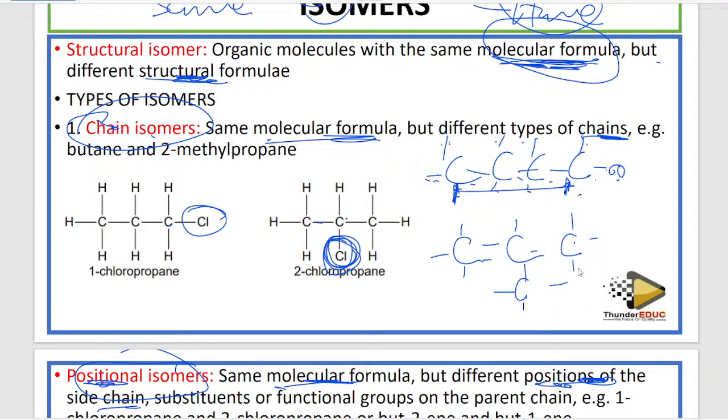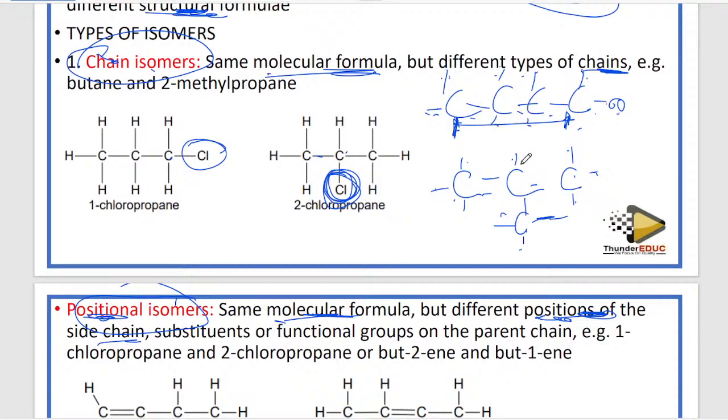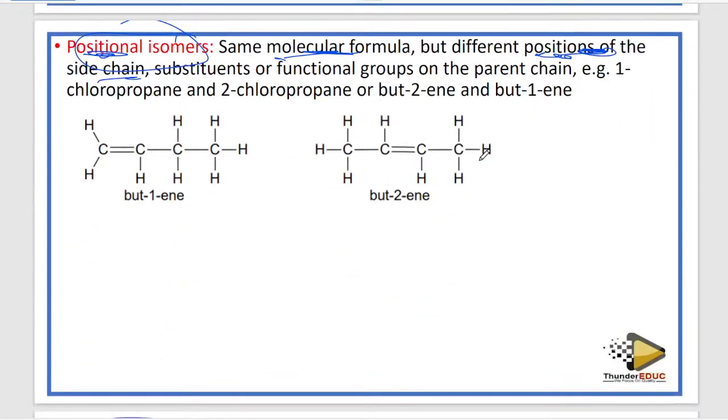What about here? 1, 2, 3, 4, 5, 6, 7, 8, 9, 10. It's 10. You see, it's the same thing. So we call them structure isomer. The way this main chain is branched and arranged makes it different. We shall look at the isomers in more detail.